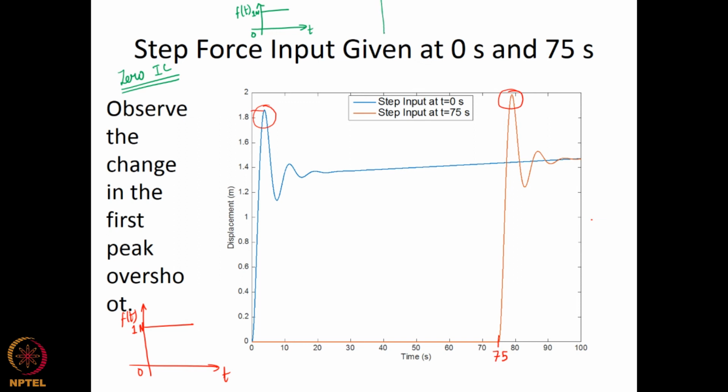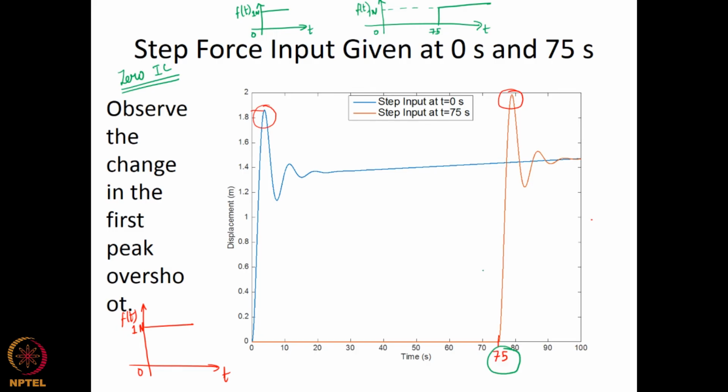Then in the next scenario, we give the same unit step force input at a time instant of 75. As we realized from the previous slide, at time t equals 75 seconds the spring constant has decreased, because it is a time varying parameter in this particular case.